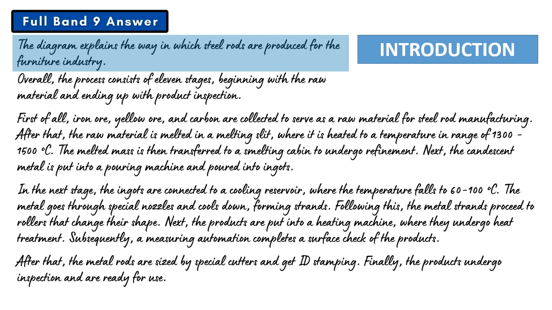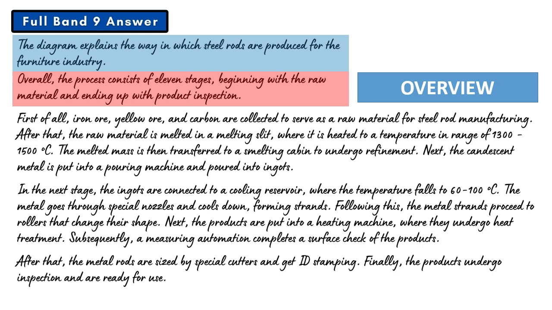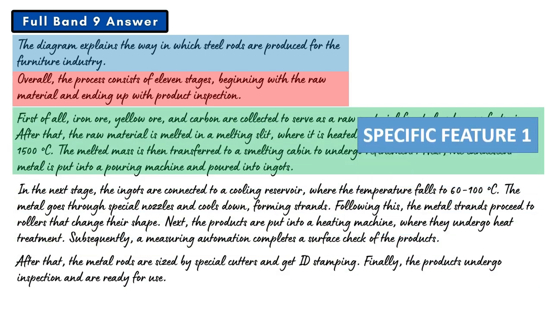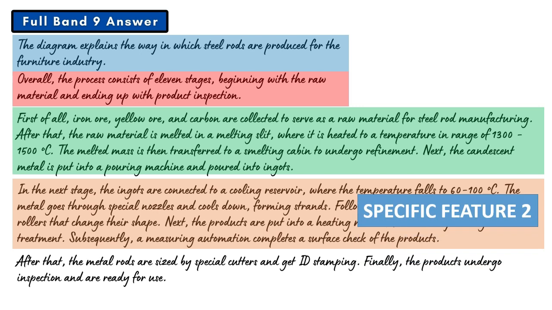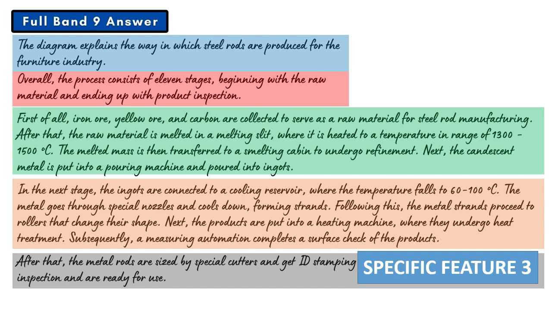This is the full Band 9 answer. The first paragraph is the introduction. The second paragraph is the overview. The third paragraph is the specific feature 1. The fourth paragraph is the specific feature 2. And then the fifth one is feature 3.